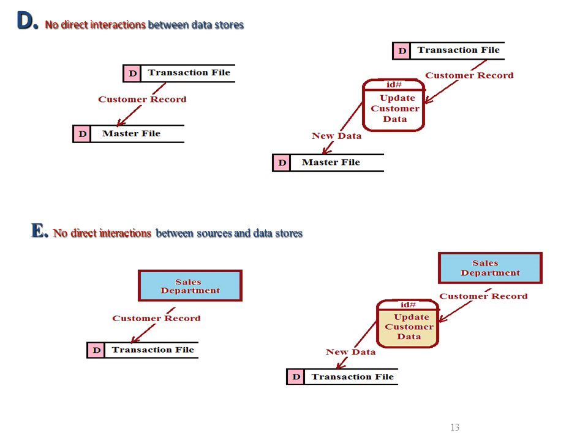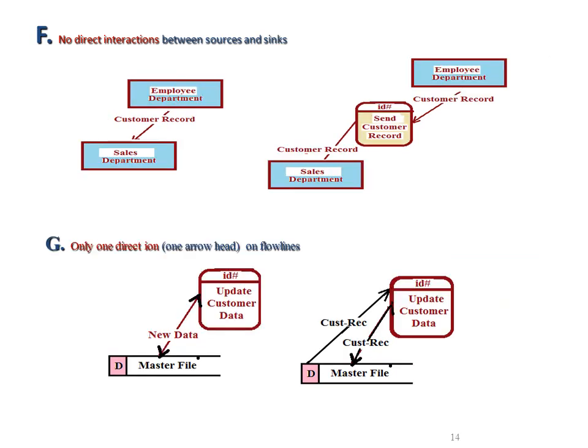All the transfer should be made by a process. Same on F, no direct interactions between entities. All data transmission should be made by a process.